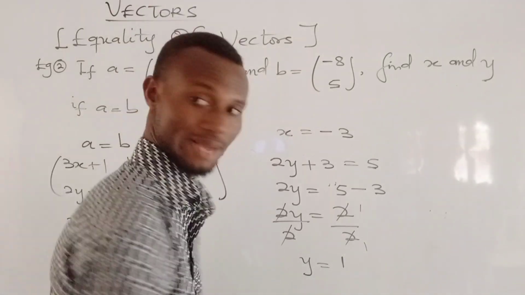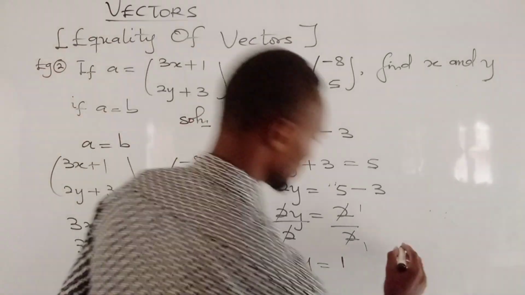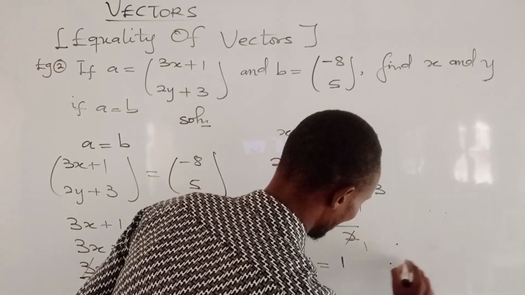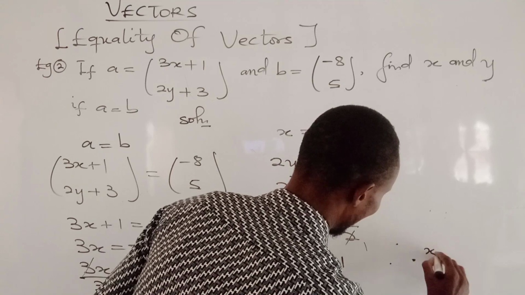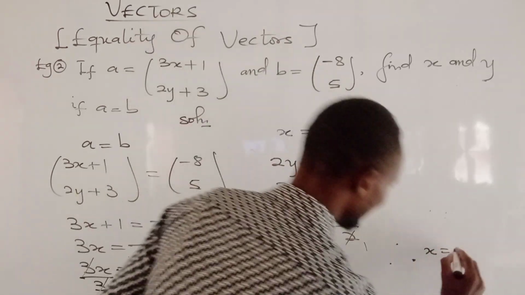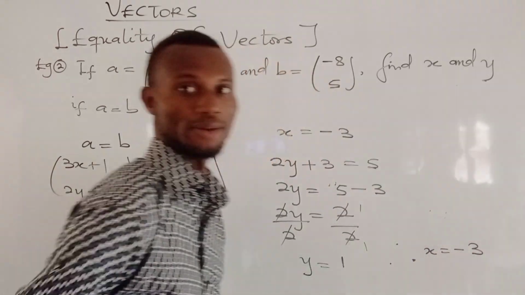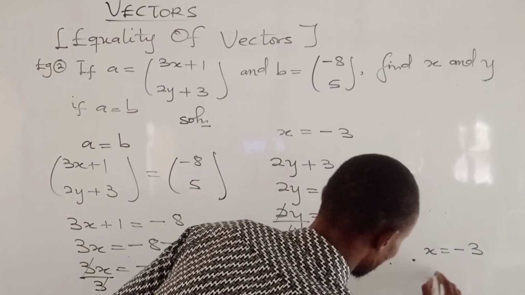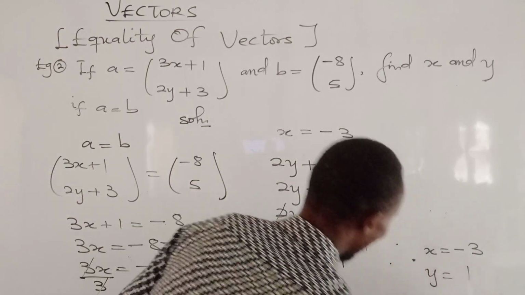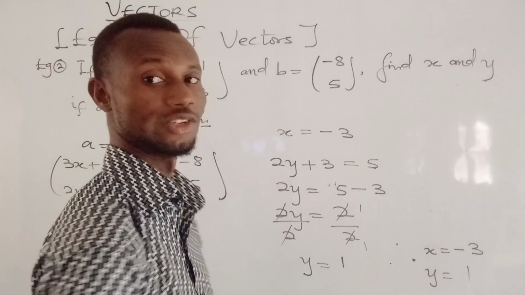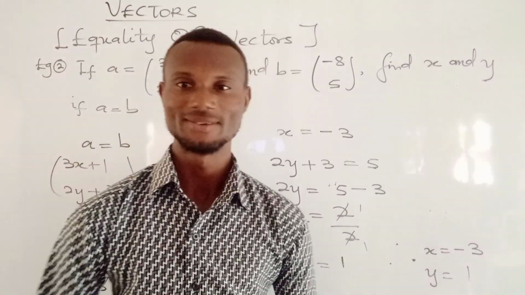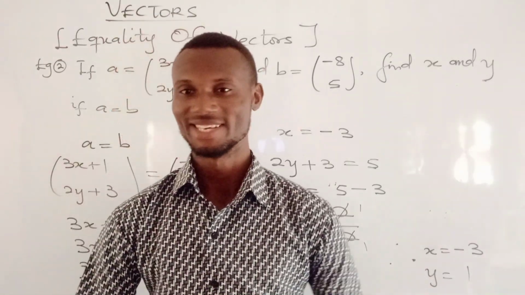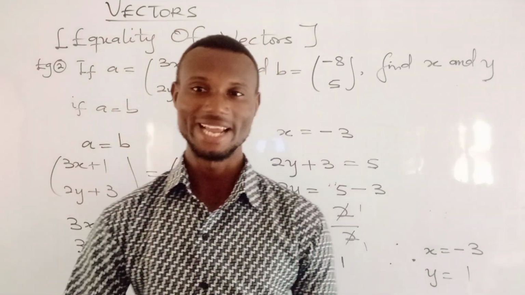Let me write down that therefore I have x equals minus 3 and y equals 1. So those are the values of x and y. I hope you understood it, and this is very simple and easy.